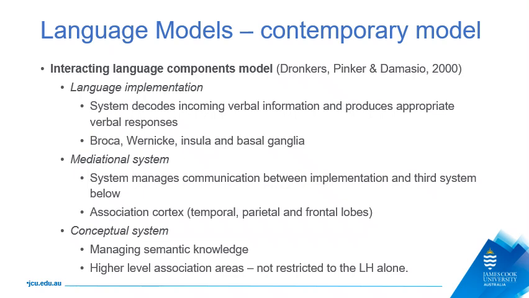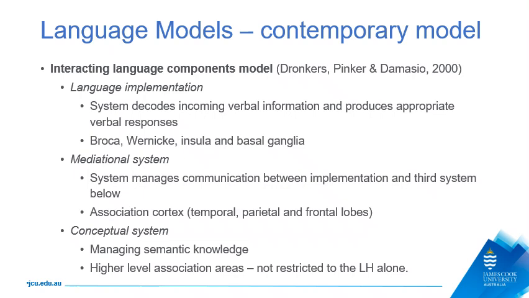It involves Broca-Wernicke's area and the insular basal ganglia areas. And then there's the mediational system, which is like a relay system that manages communication between the implementation system and the third system below, which is the conceptual system.